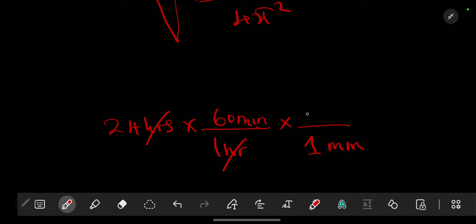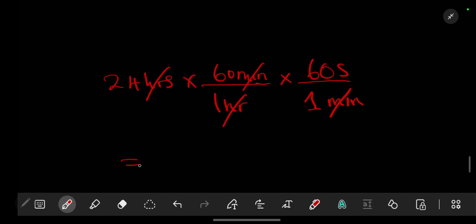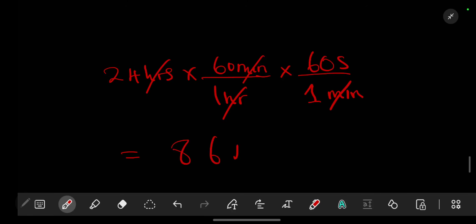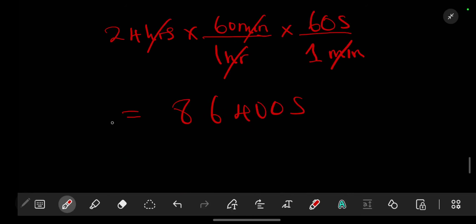Then on top, in 1 minute there is exactly 60 seconds. So we have 24 times 60 times 60. This gives us 86,400 seconds. So this will be our period.